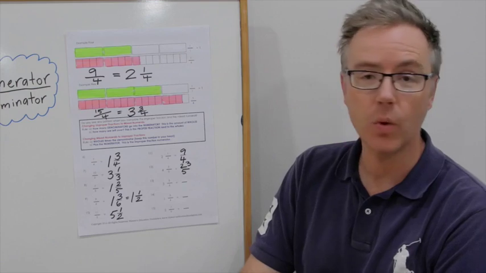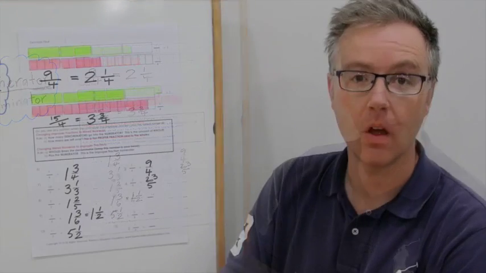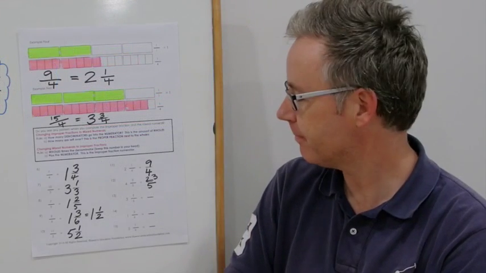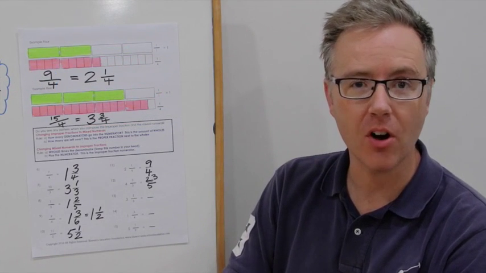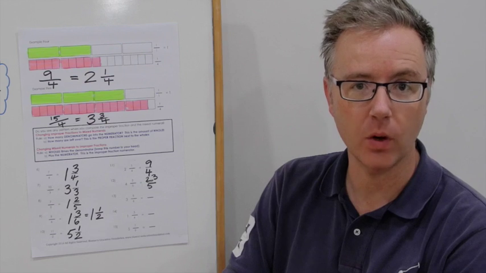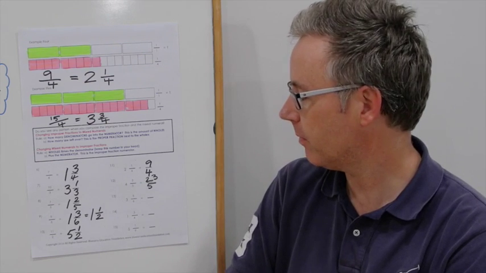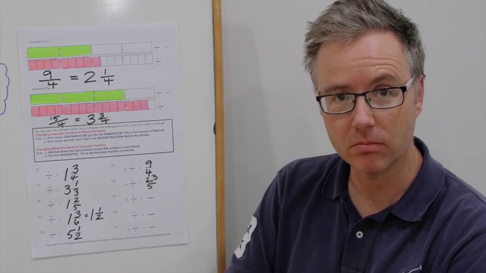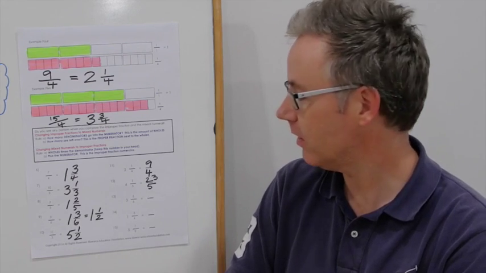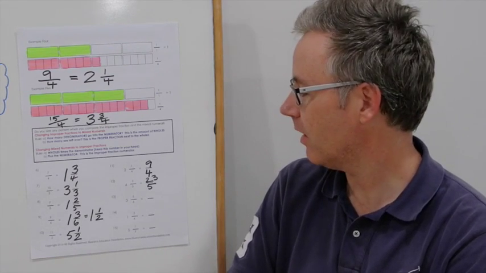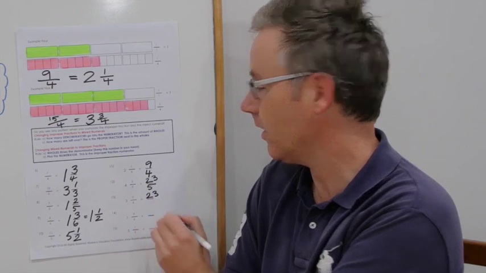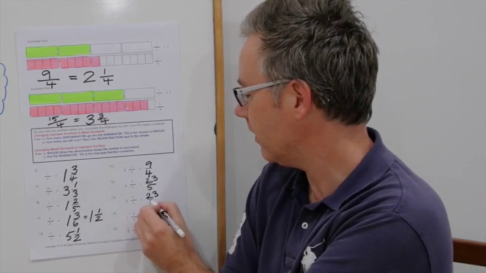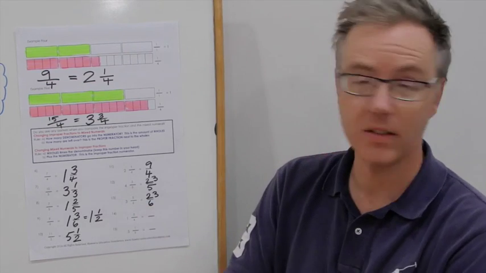Question 12 is 23/5. Question 13. 3 5/6. So we take the whole and multiply that with the denominator. 3 6s are 18, plus the 5, 23. So 23 sixths.